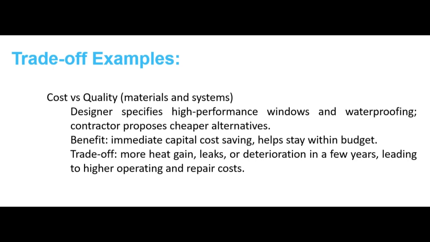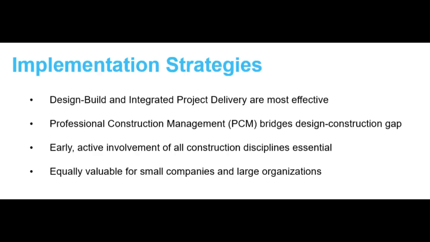Helps stay within budget because cost is less. But coming to the trade-off: more heat gain, leaks, or deterioration in a few years because those are cheap materials, leading to higher operating and repair costs. So these three are simple examples of trade-offs.